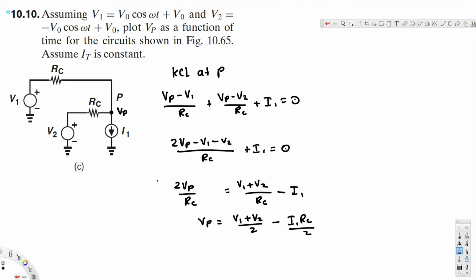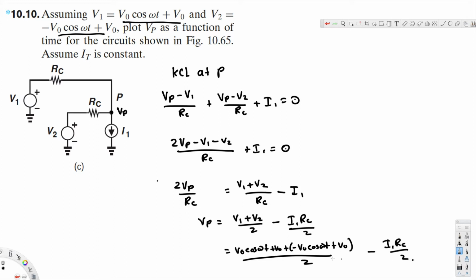Now here they have provided V1 and V2 values. That's what we are going to plug in for V1 and V2. If we plug that in, this will become V0 cos omega t plus V0 plus negative V0 cos omega t plus V0, divided by 2, minus I1 RC divided by 2.